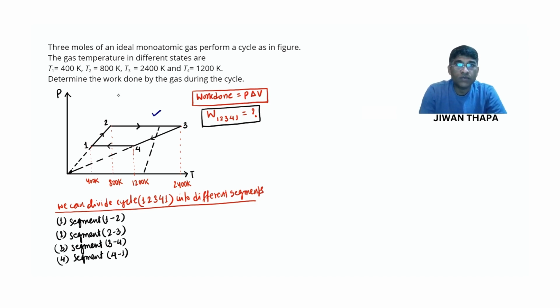Now we can see we have 3 moles of an ideal monoatomic gas. So I'm writing the number of moles, which is given in the question. This is 3. Clear?